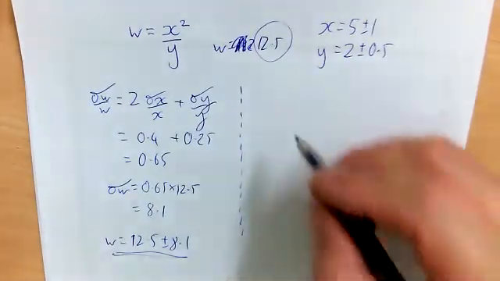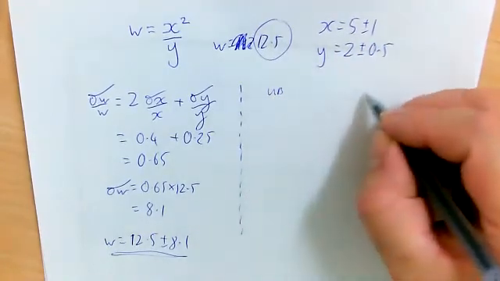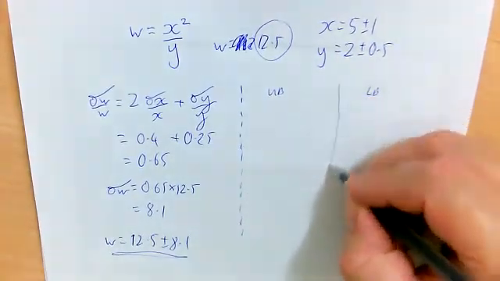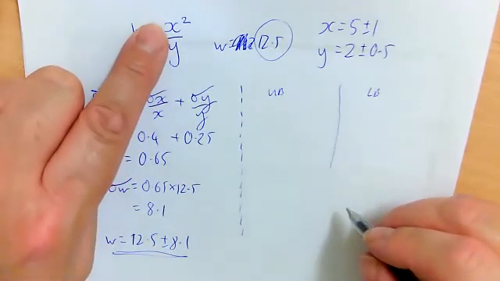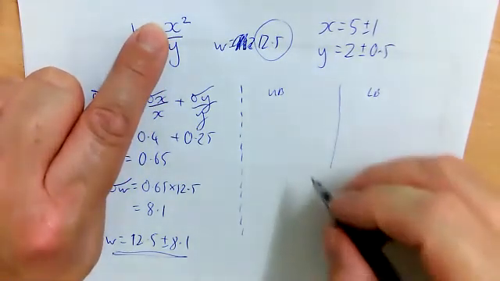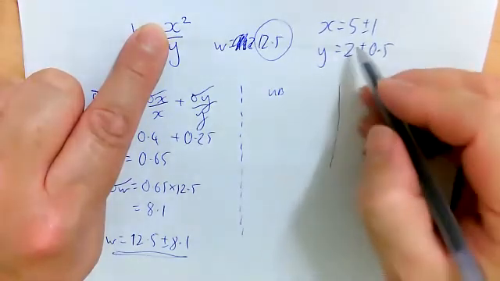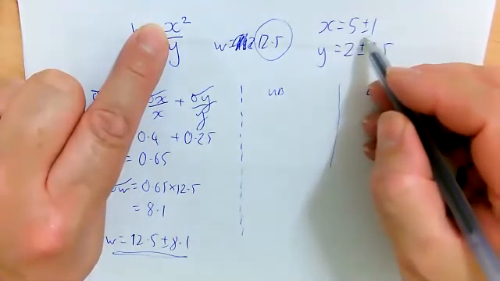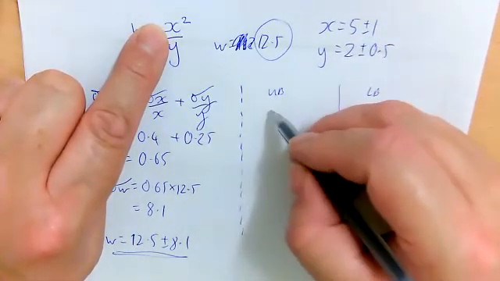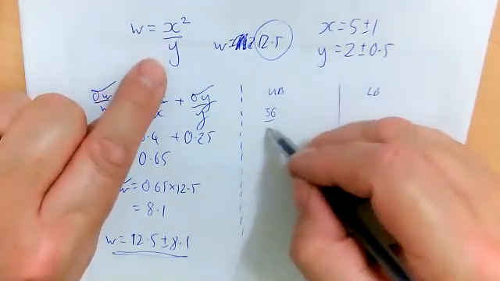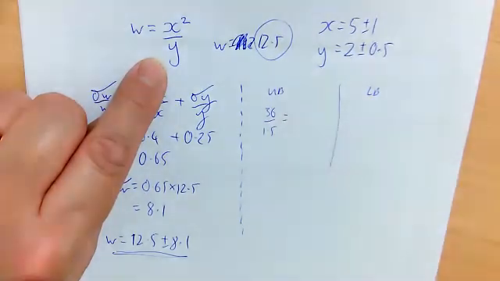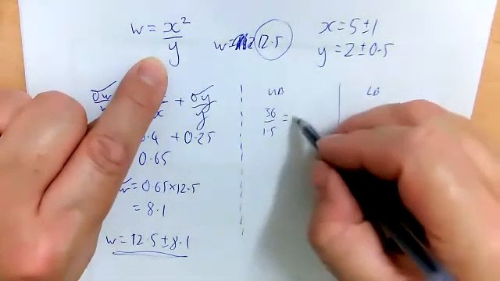And the same thing happens if we do upper and lower bounds. The only difference here is that to get the upper bound, we're looking at the lowest value of Y and the highest value of X. So the highest value X could be is 6. 6 squared is 36, over the lowest value that Y could be, which would be 1.5, which is 24.